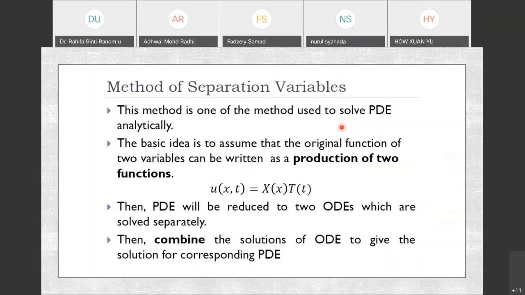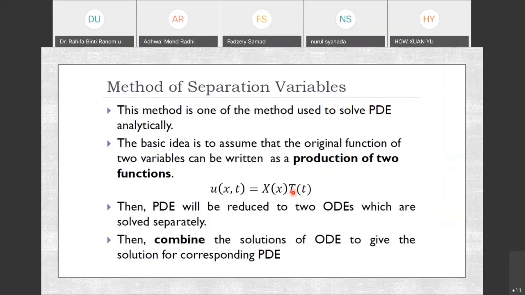In the last 2 weeks of this chapter, you are going to learn how to solve PDE numerically. The basic idea is to assume that the original function of two variables can be written as a product of two functions. You start with the statement that u(x,t) equals the solution of x times the solution of t.